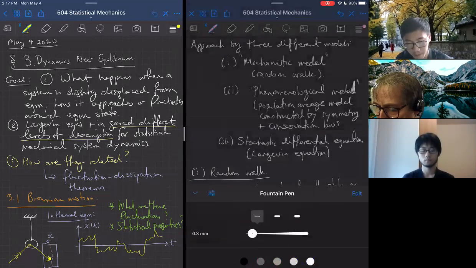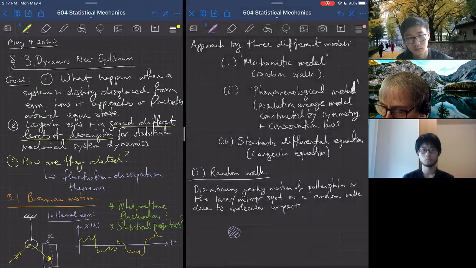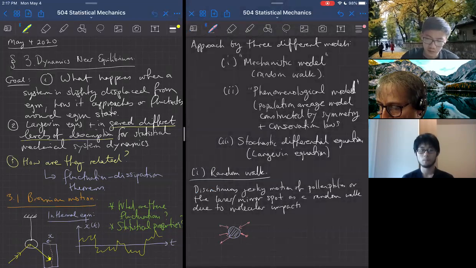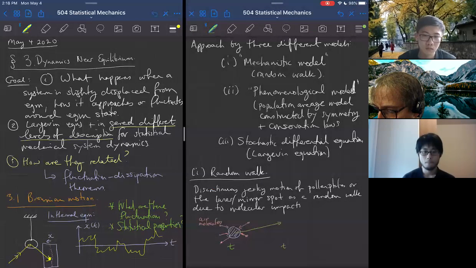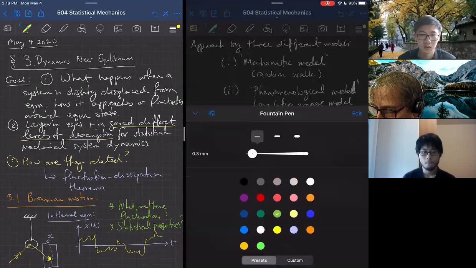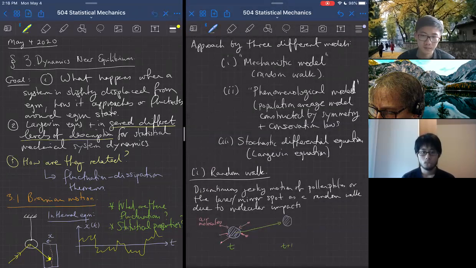And then what we're going to imagine is that there are particles, air molecules, say crashing into it like this, and maybe some crashing into it like this, and maybe at this particular time there's a few more going to the right than there are to the left. These are the air molecules.